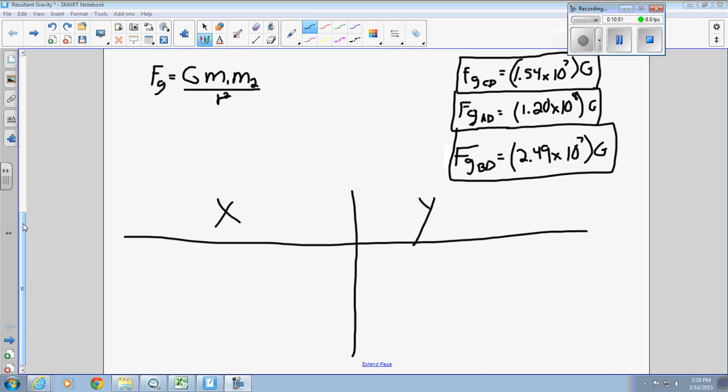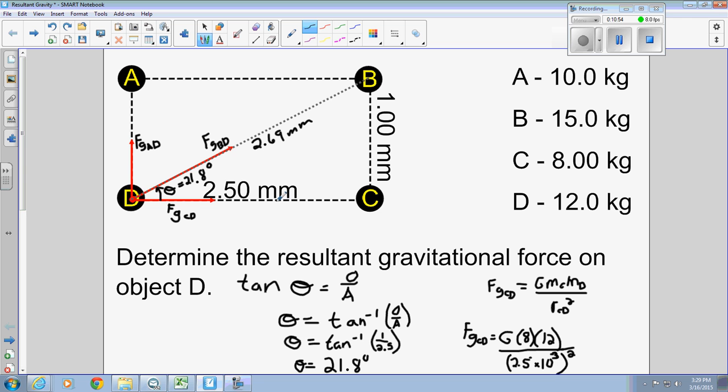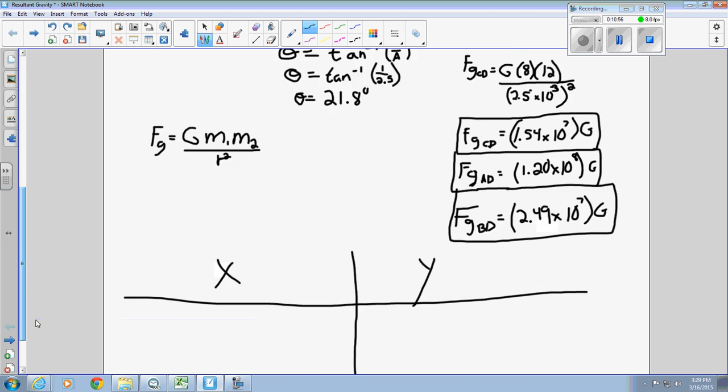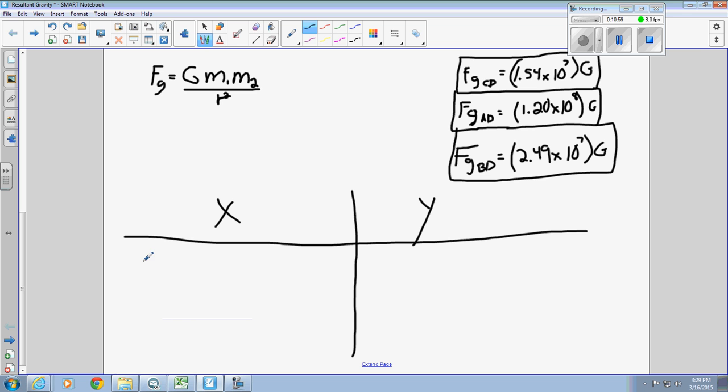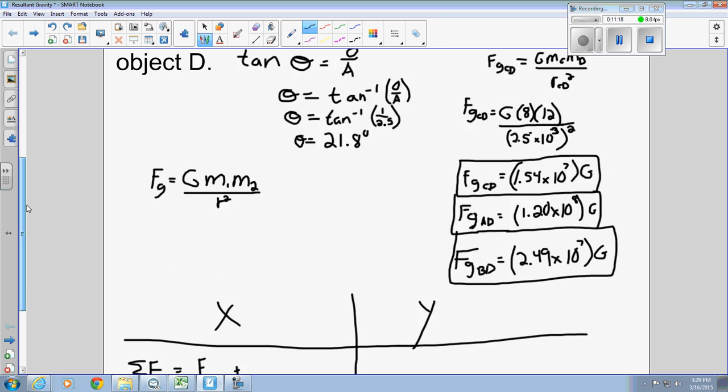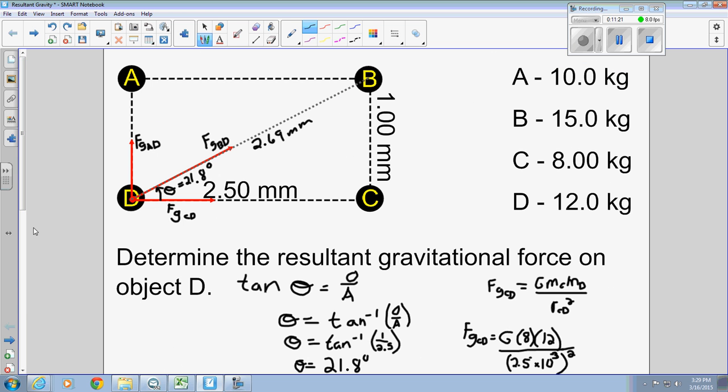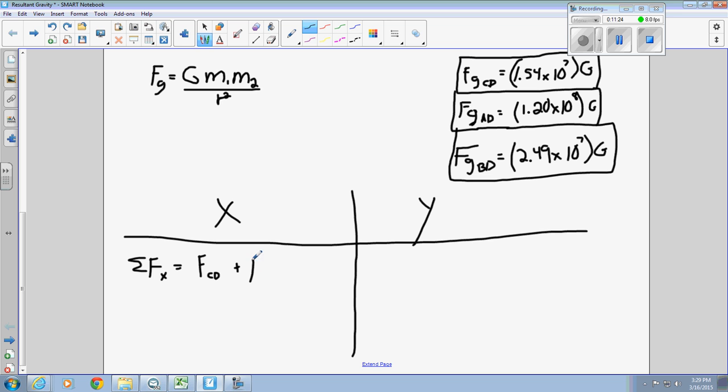In the x direction, we have the force of gravity from C acting on D. So if we're going to sum up our forces in the x direction, we've got a force of gravity from C acting on D and whatever the x component of B acting on D is. So F B D in the x direction.